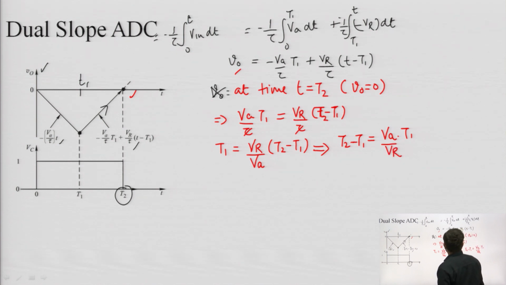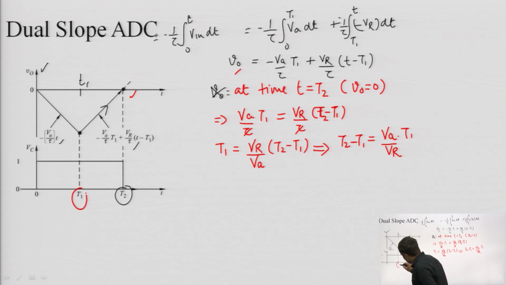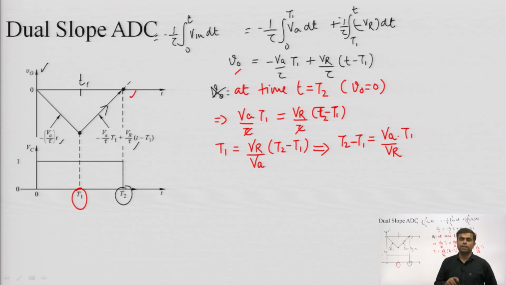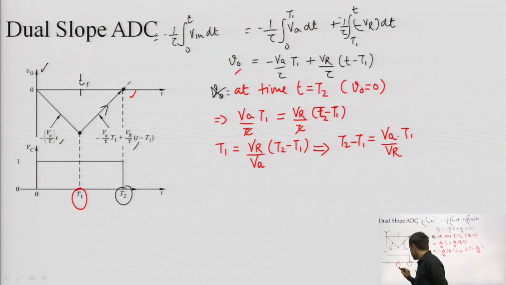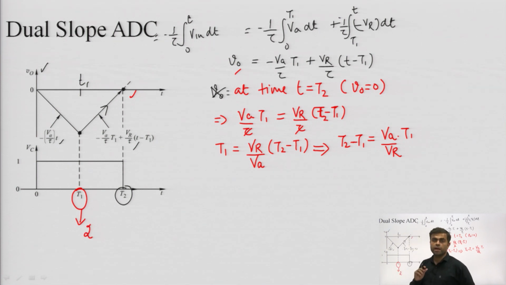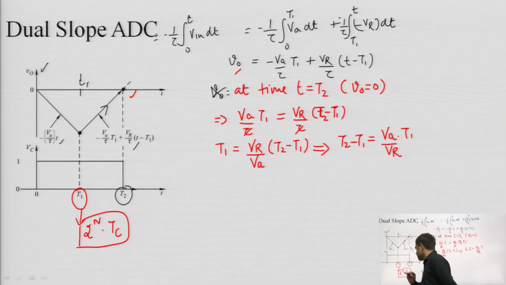Now this time t1 was the time when the counter has reached the maximum count. In that time the counter has counted, because it was an n bit counter, full scale counting reaches 2 raised to power n pulses, and one clock duration, let's say it is Tc. So this t1 time will be equal to 2 raised to power n Tc.